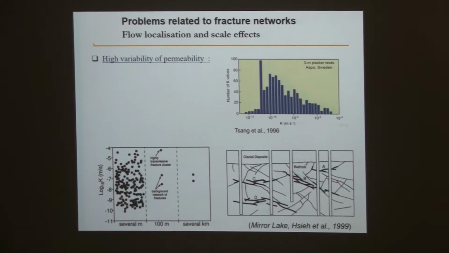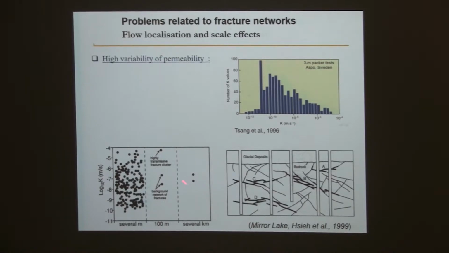This is another example from Mirror Lake, and here also you can see that at the scale of several meters the range of permeability is really large. If you do measurements at the 100 meter scale, usually the variability is reduced, but it is also more difficult to do these measurements.